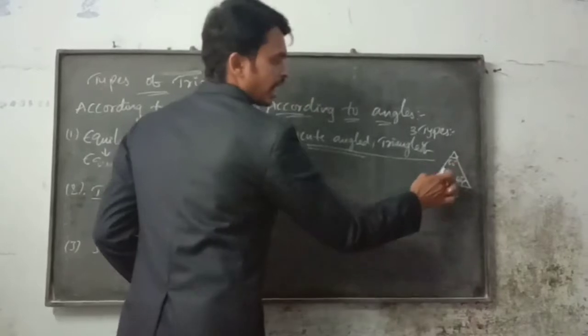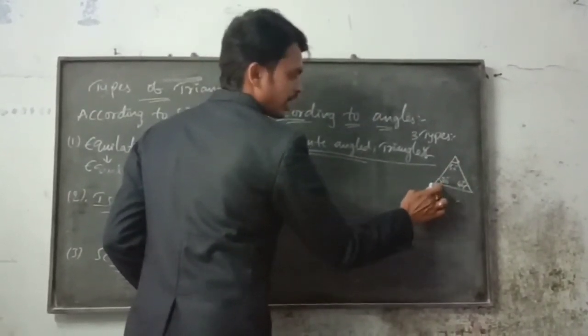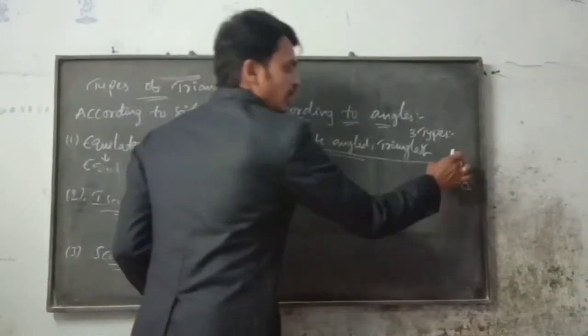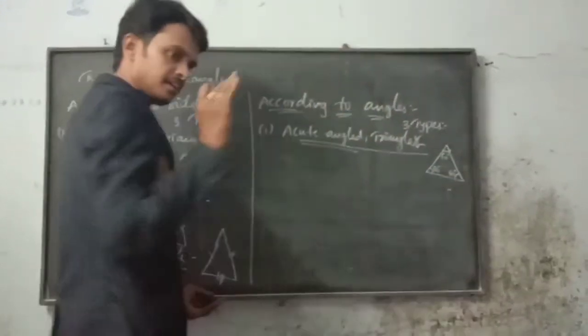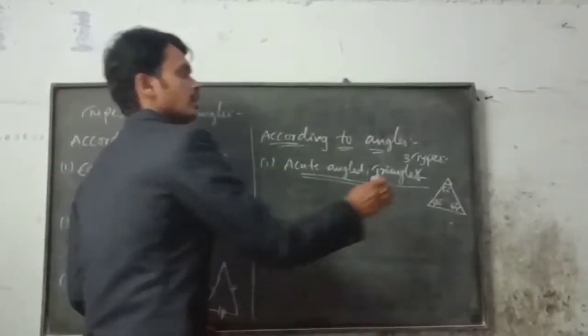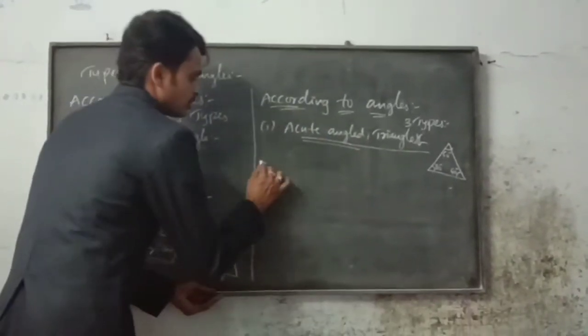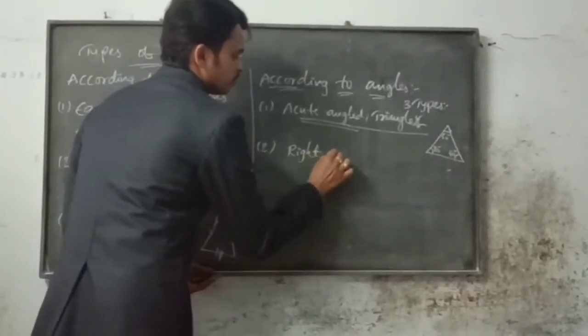These 3 angles are less than 90 degrees. 60 is less than 90, 80 is less than 90, 40 is also less than 90. If all angles of a triangle are less than 90, then the triangle is said to be an acute angled triangle.